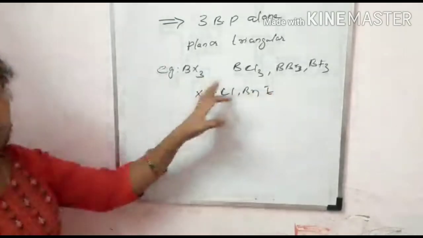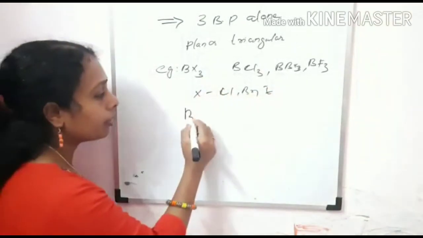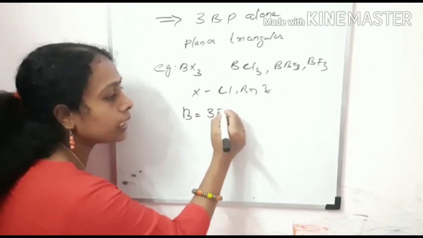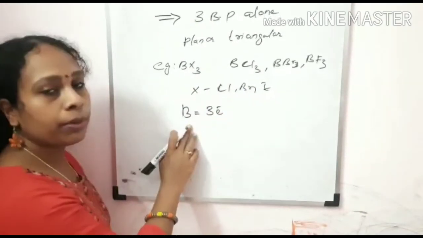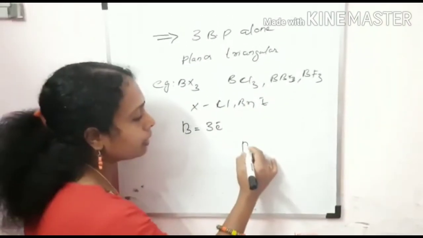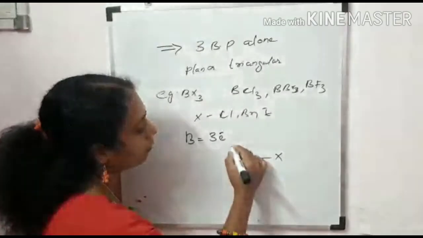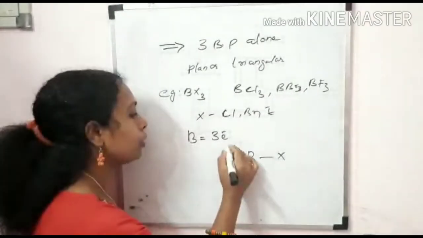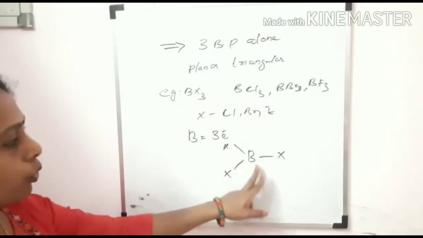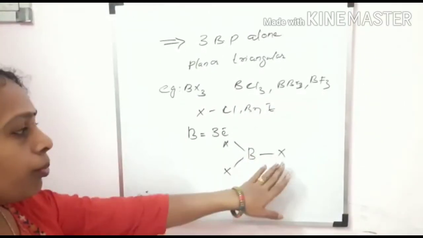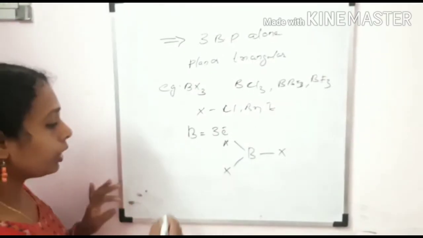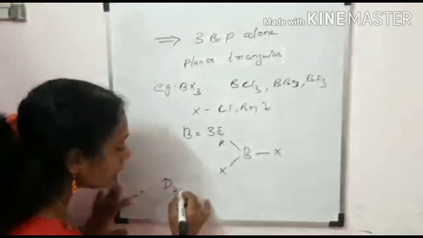In the boron family, boron has 3 outer electrons, you know. So it can make 3 bond pairs. BX3 means this will be the shape of the molecule, a planar triangular molecule BX3. It belongs to the D3H point group.